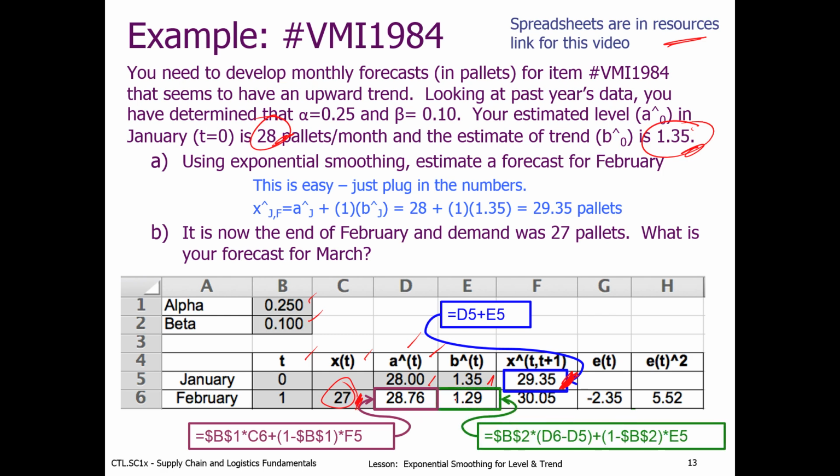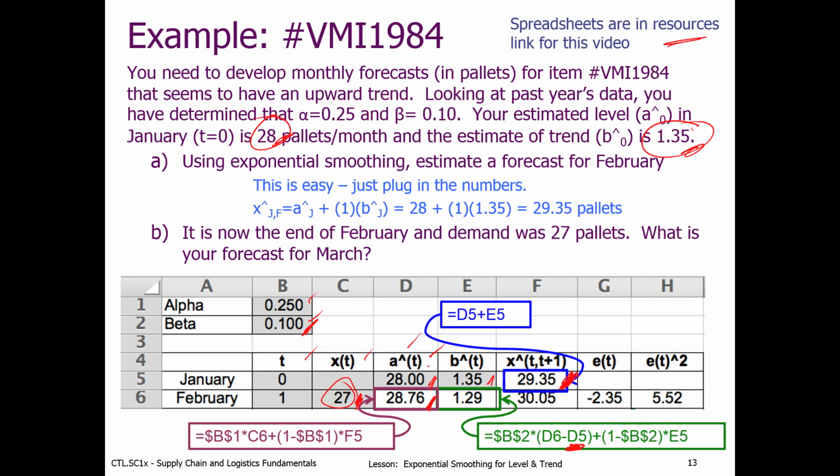It's the linear combination of those two numbers, the new information and the old information. My update for my trend is the same type of thing. I'm going to take my beta, which is in cell B2. So it's beta times my most recent level estimate in D6, that's that 28.76, minus my most recent before that estimate of the level, which was up here in cell D5. So 28.76 minus 28 is 0.76. That's my new estimate of the trend.